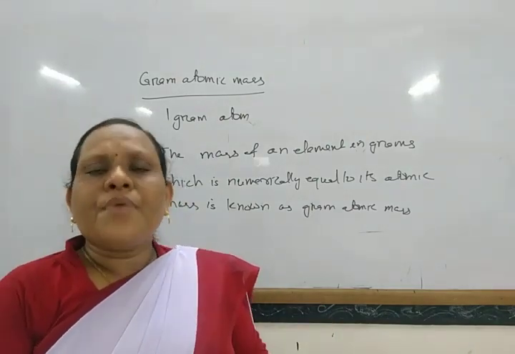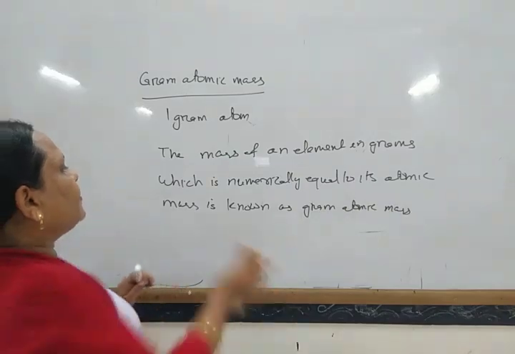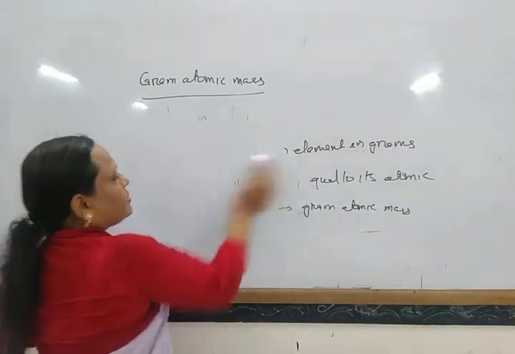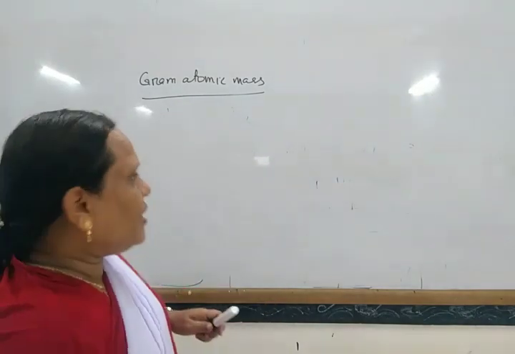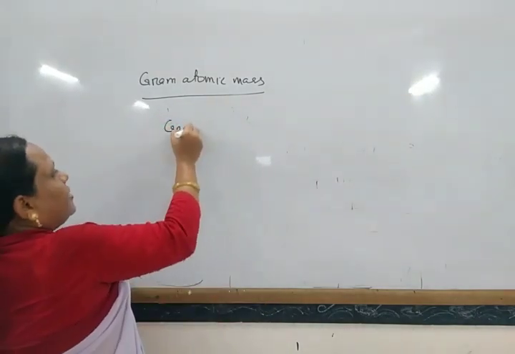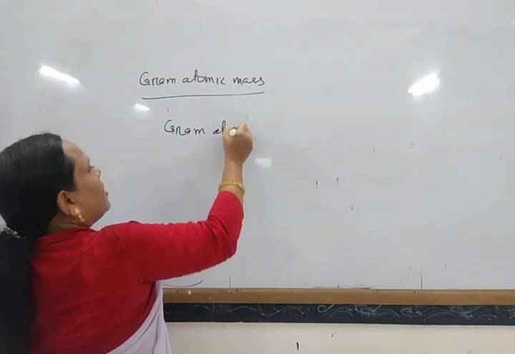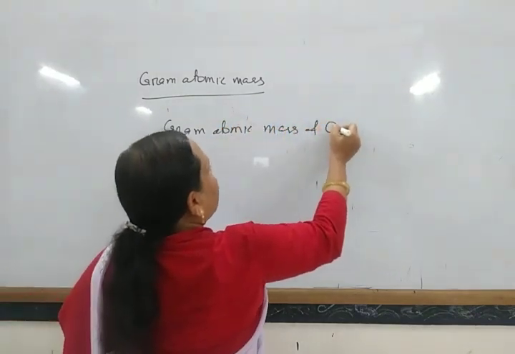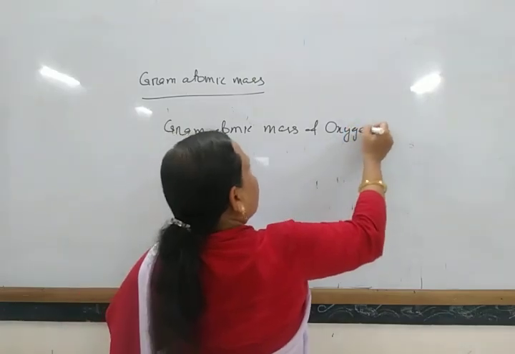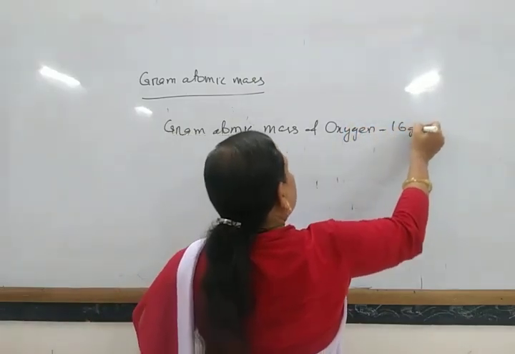For example, the gram atomic mass of oxygen is 16 gram.